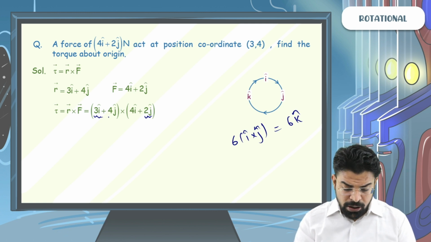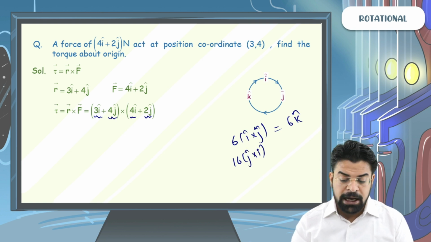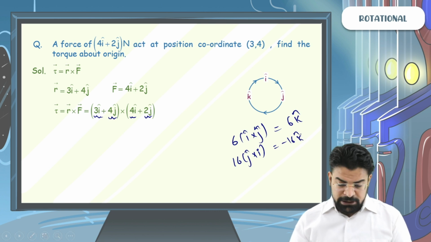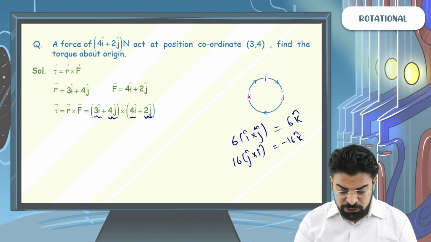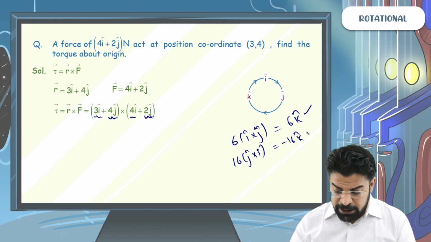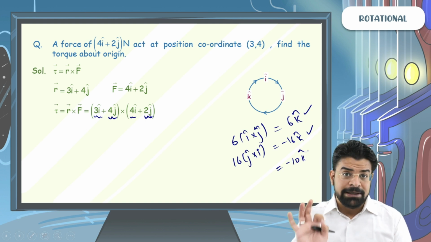Next term, 4j cap cross 4i cap, will be 16 times j cross i. Since j cross i is minus k, you get minus 16k cap. Next term, 4j cross 2j, and j cross j is 0. So overall you get plus 6k cap minus 16k cap. The answer has to be minus 10k cap. That's how easy taking a cross product is.